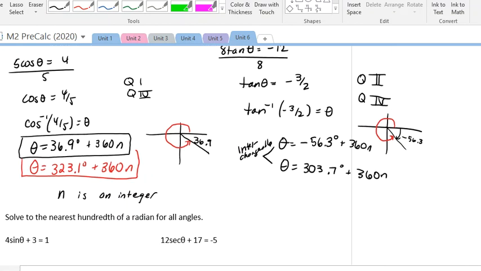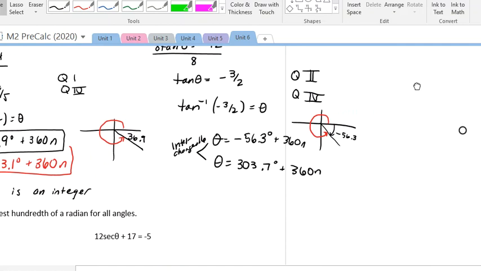Okay, now I need the quadrant 2 angle. So the quadrant 2 angle is going to be over here. I've got a 56.3 there, and I'm less than 180 by 56.3. So I'm going to do 180 minus the 56.3.